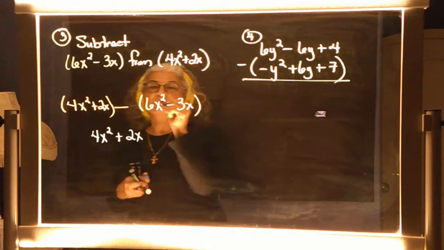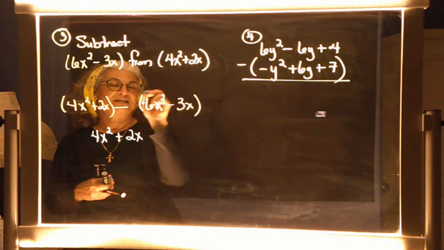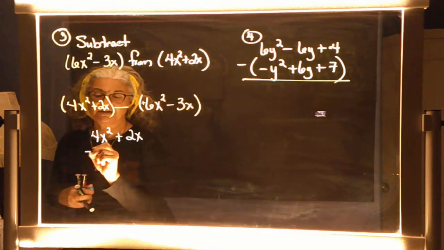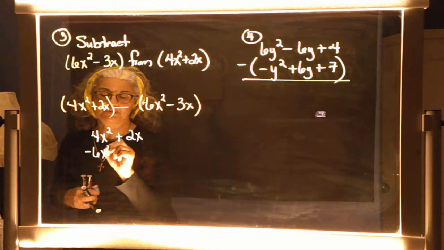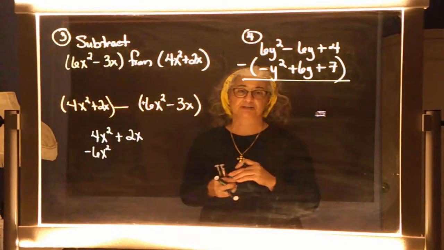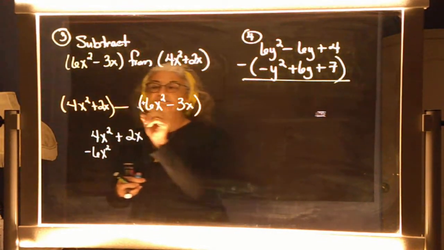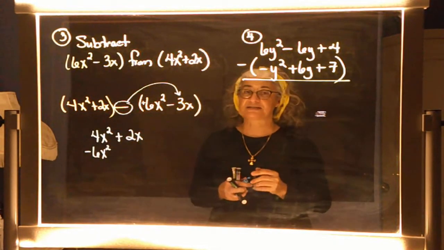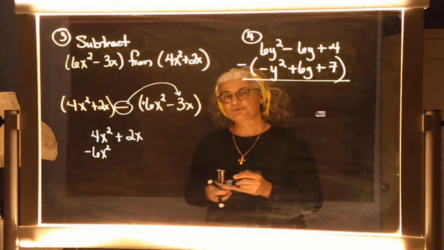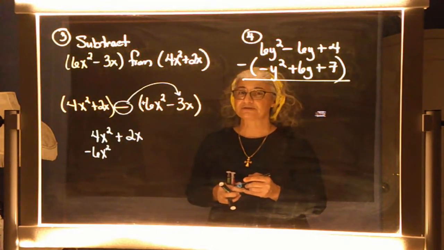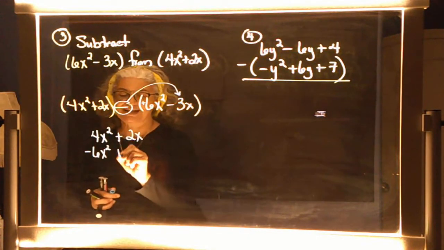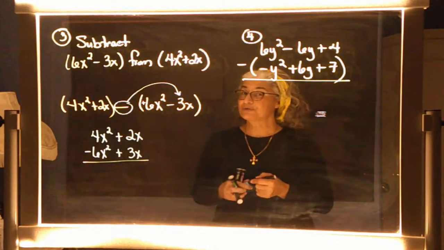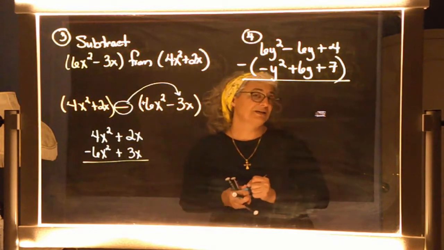Right now the 6x squared is positive, but when I subtract it, it's going to be negative. So I have a negative 6x squared to put under the positive 4x squared, don't I? Good. But this minus sign also belongs to that negative number, doesn't it? So when you subtract a negative number, you're supposed to actually add it, aren't you? It's almost like distributing, multiplying it.